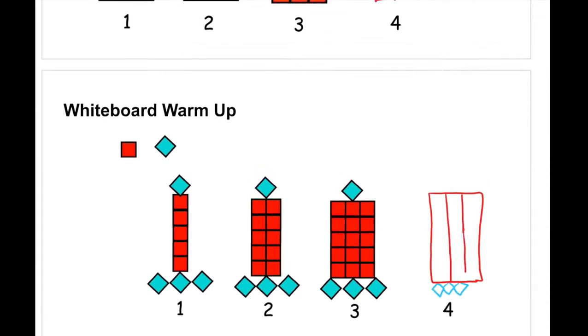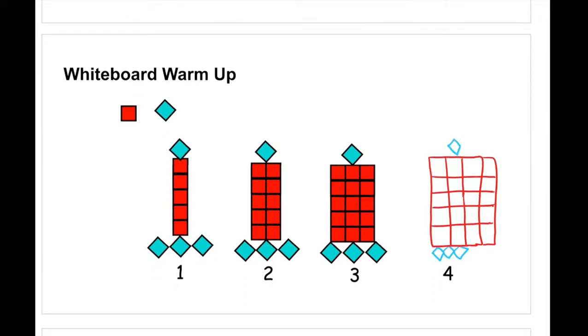So we would add in another row of blocks, while the diamonds, or the blue blocks, stay the same. So again, that is what our next pattern would look like.